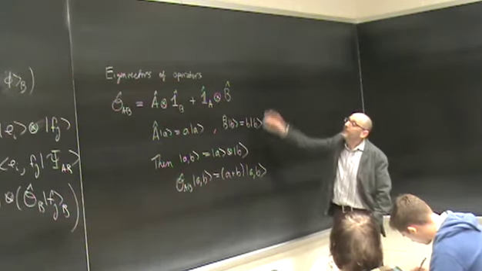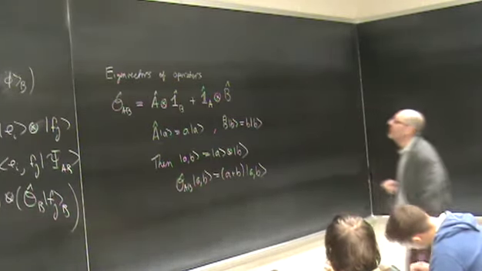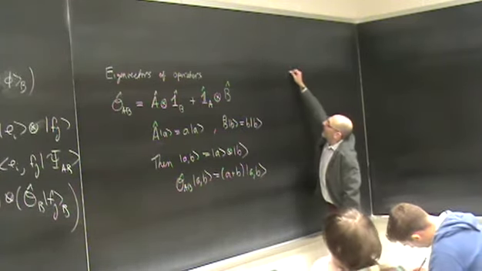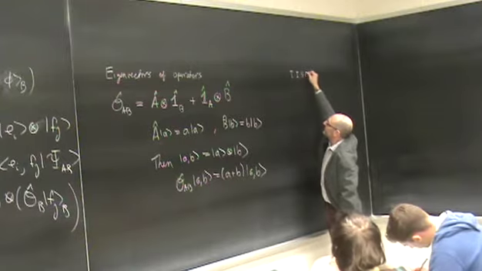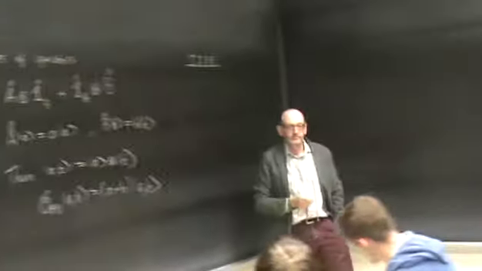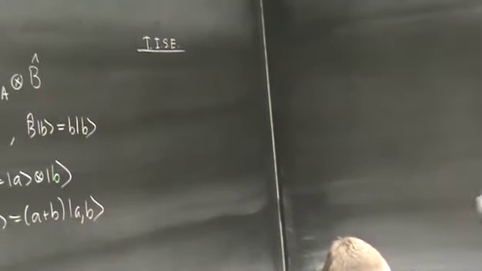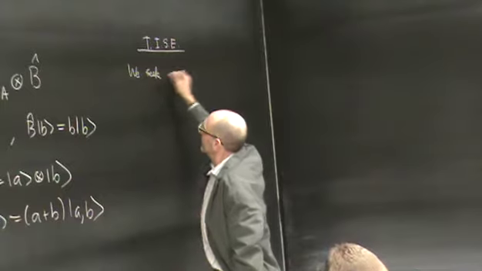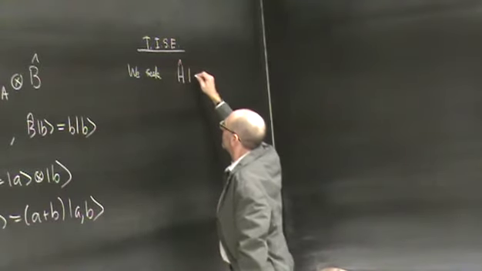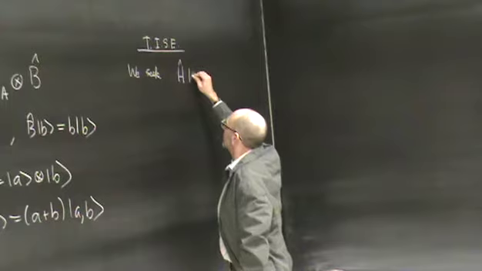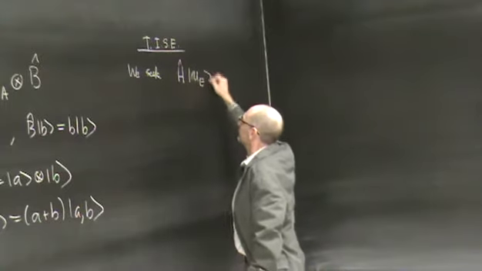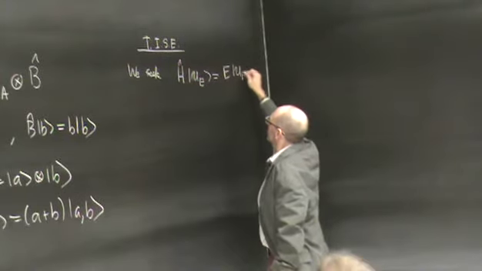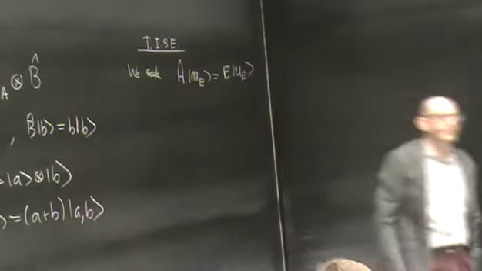All right, so this tells us something about, in particular if we're looking, let's go back to the time-independent Schrodinger equation. Okay. So we seek the eigenvectors of the Hamiltonian. Okay.